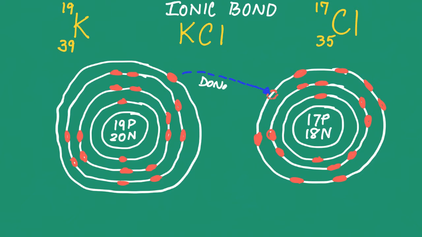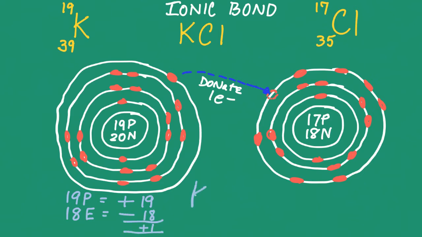And this will allow potassium to have its third shell filled. And as a result, potassium becomes positive because it loses an electron. So we have 19 positive charges and only 18 negative charges. It's a positively charged ion.